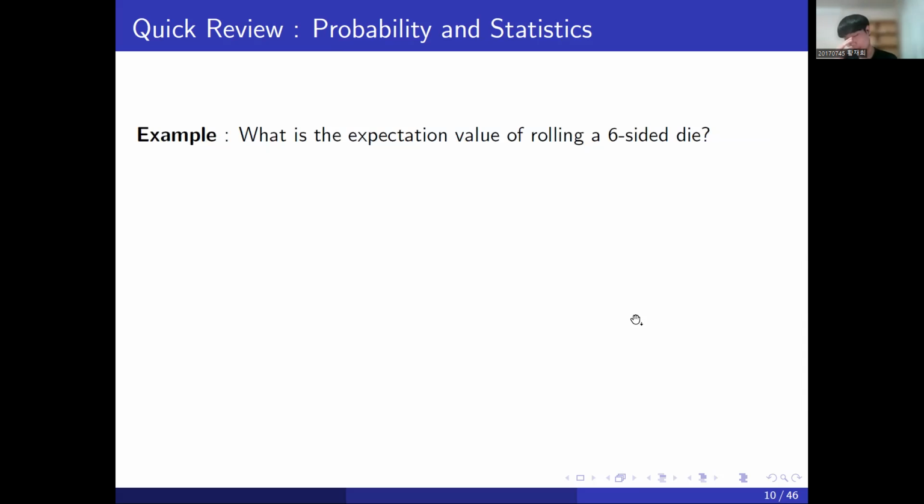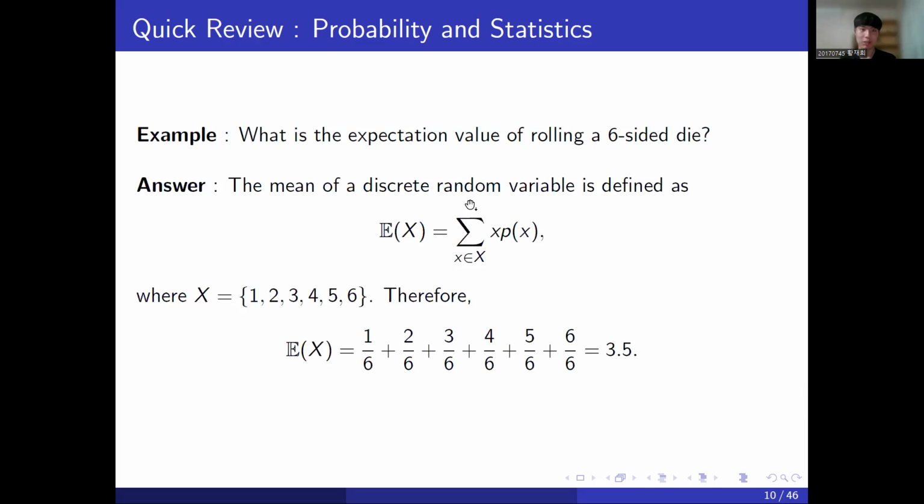Similarly, I suggest a very easy example. What is the expected value of rolling a 6-sided die? This is a very easy example. The mean of a discrete random variable is defined as this, where x belongs to this set. Therefore, we can calculate the expected value as the sum of these 6 elements, and this is equal to 3.5.